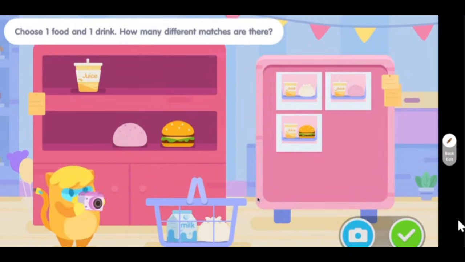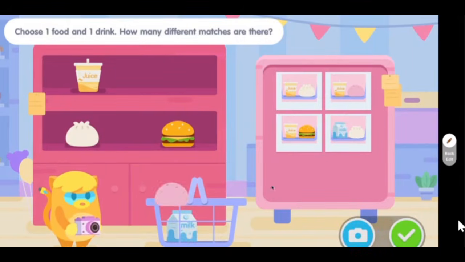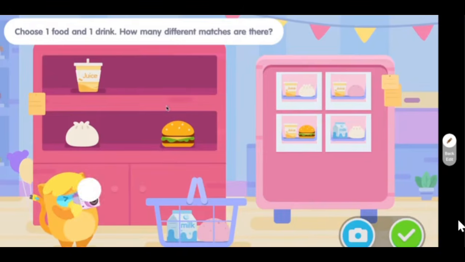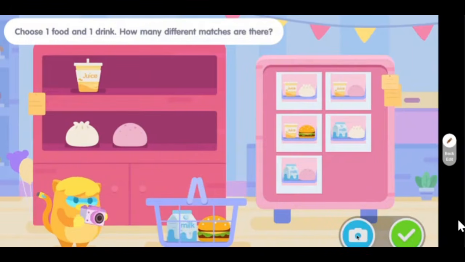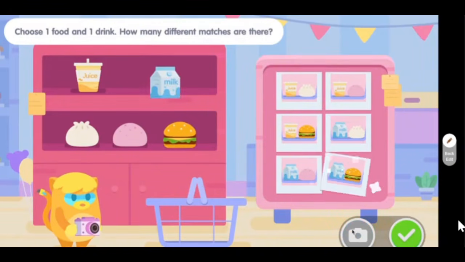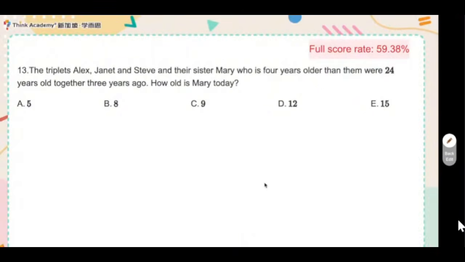How about milk with the others? Okay, milk with the pink bun. Strawberry one, I think. And milk with the hamburger. Burger King. Okay, so here are 6 different options. Congratulations! Then, around this time, let's move on.